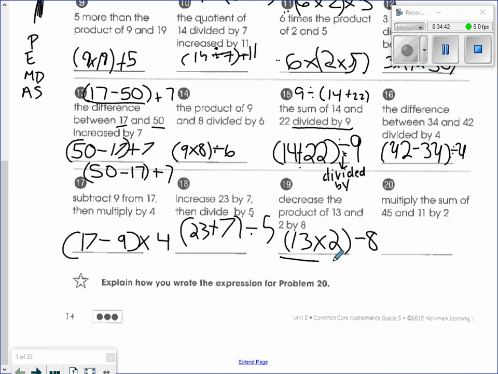So I'm decreasing the product of 13 times 2 by 8. So I'm taking this product and I'm decreasing it. I'm making it smaller. So I'm not going to take this 8 and put it in the front.